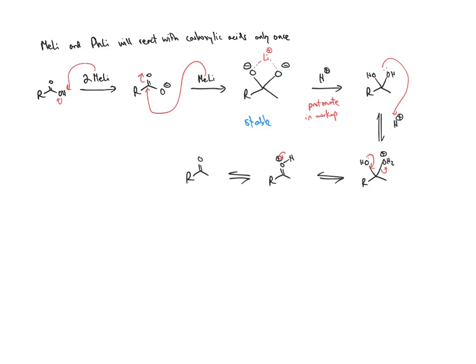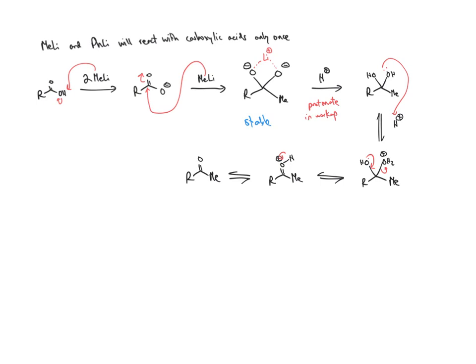All right, so let me put methyl groups in all of these positions so that you know where that methyl group came from. That methyl group came from the two equivalents of methyl lithium. Remember that the first equivalent of methyl lithium does a deprotonation. The second equivalent of methyl lithium does the carbonyl addition.